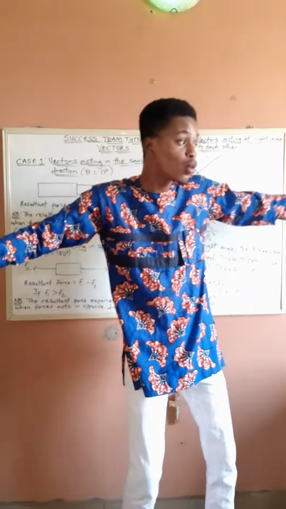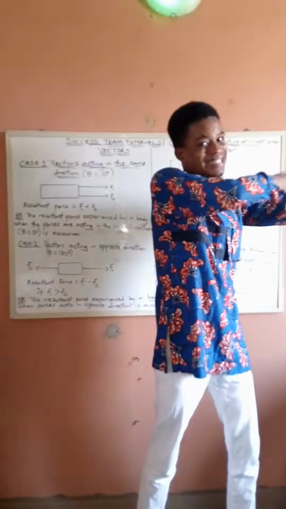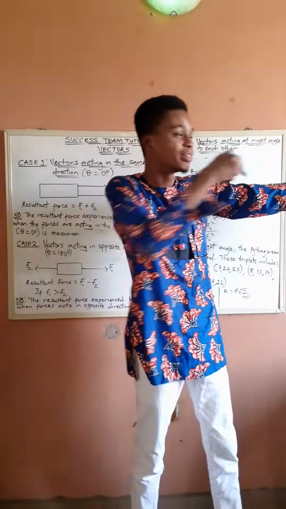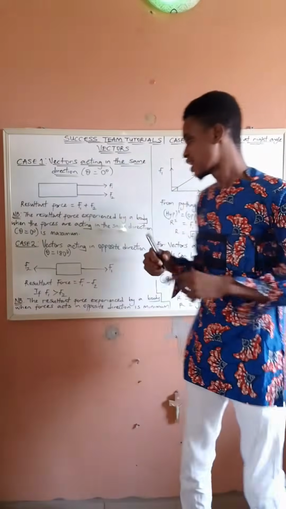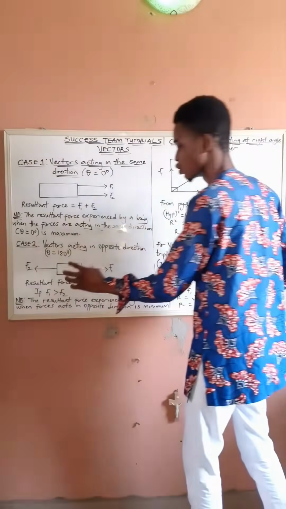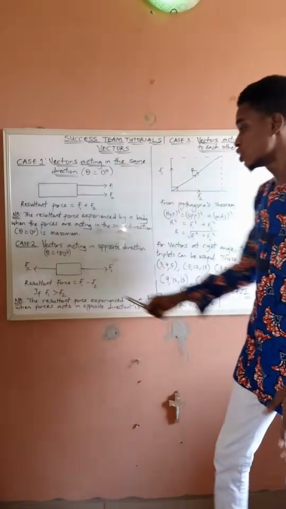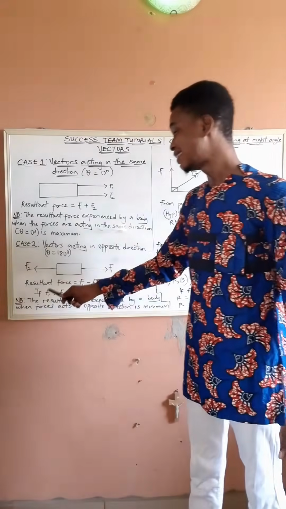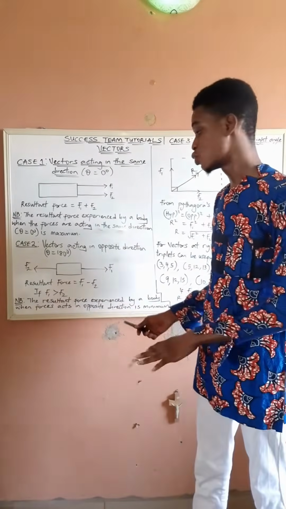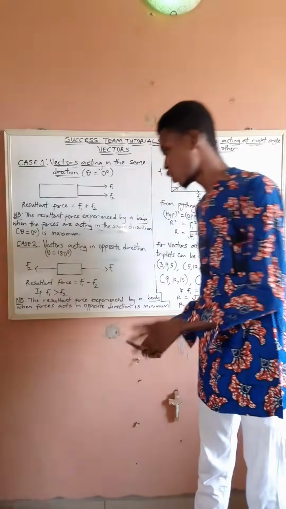I will now move towards this direction as if the force acting on me in this direction is 10 Newton, because this 10 Newton has removed 10 Newton from the 20 Newton. So when they are acting in opposite direction, you should subtract them. The resultant force in this case is going to be F1 minus F2, if F1 is greater than F2. But if F2 is greater, it's going to be F2 minus F1. I hope you grab it.